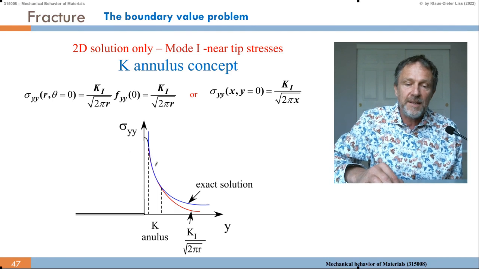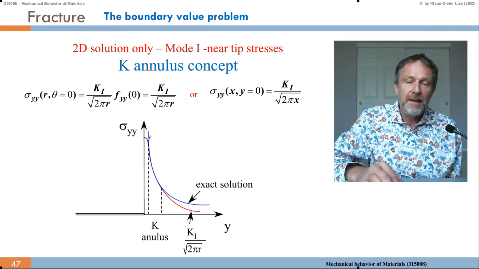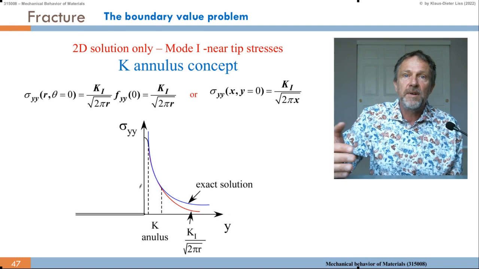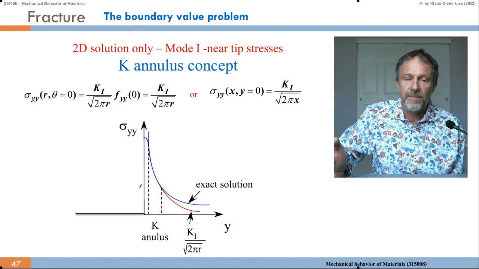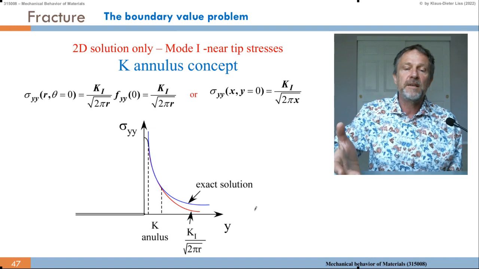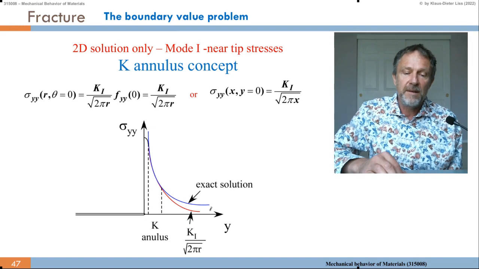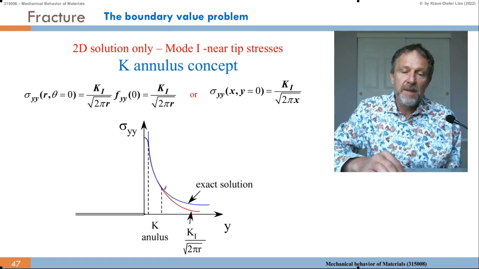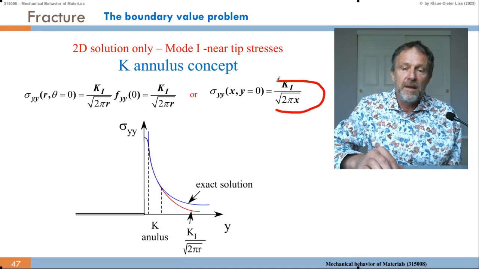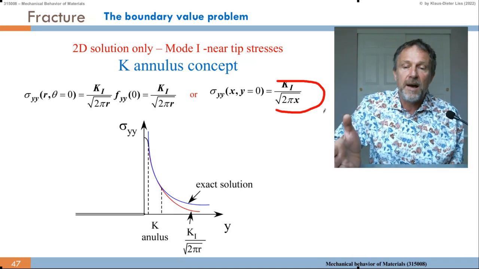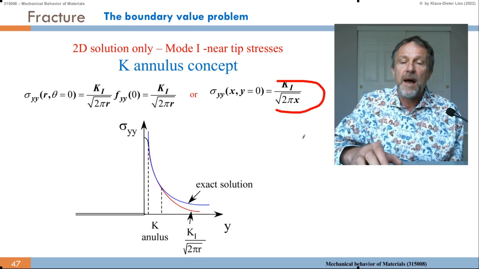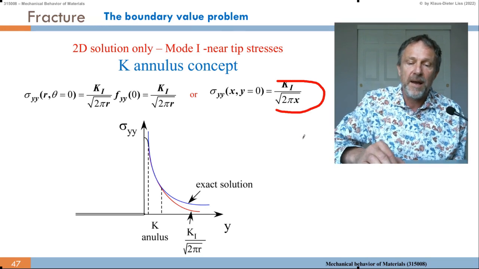Then there's a region where, in the center, the model doesn't hold because we will have plastic deformation. And in the far field the exact solution would also be different. But there is a region which fits this equation, K1 divided by square root of 2 pi r, or 2 pi x or 2 pi y, very well.